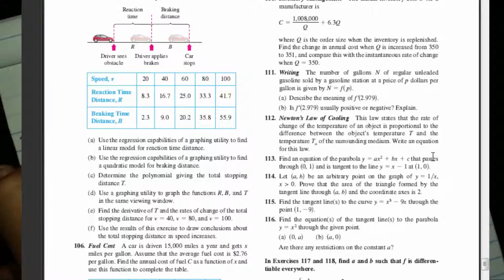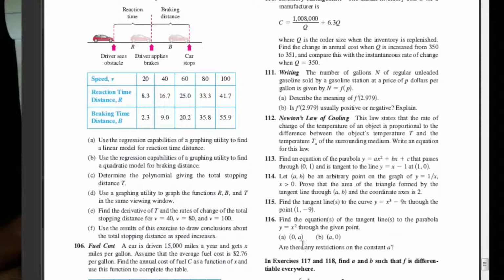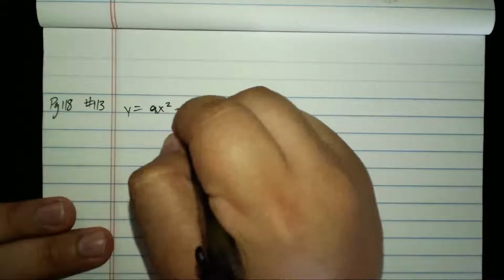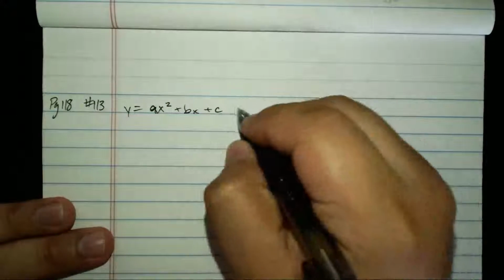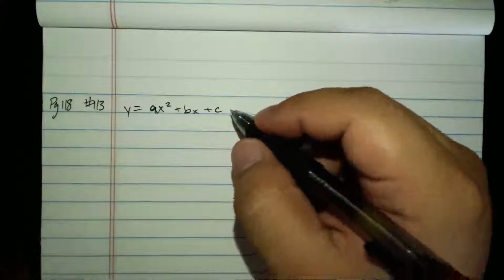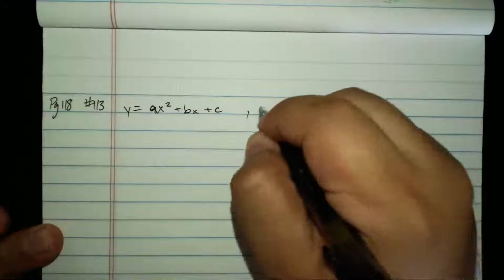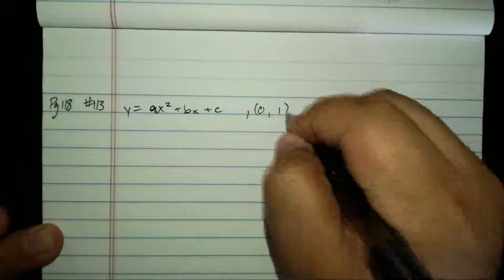Number 113. So you have y equals ax squared plus bx plus c. And it passes through the point 0, 1 is what they're telling us.